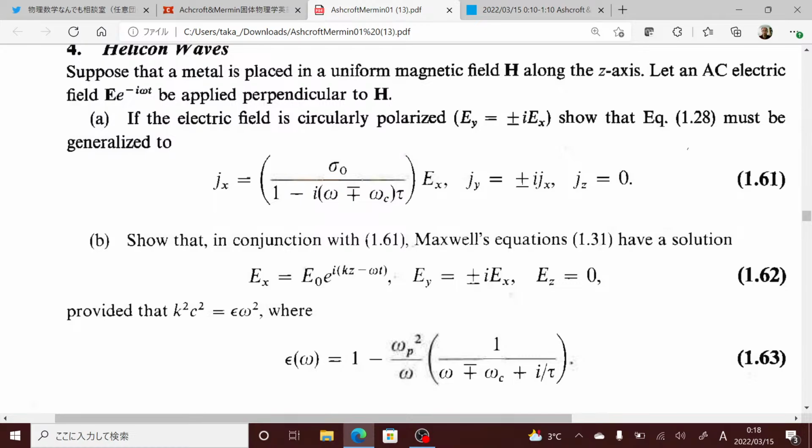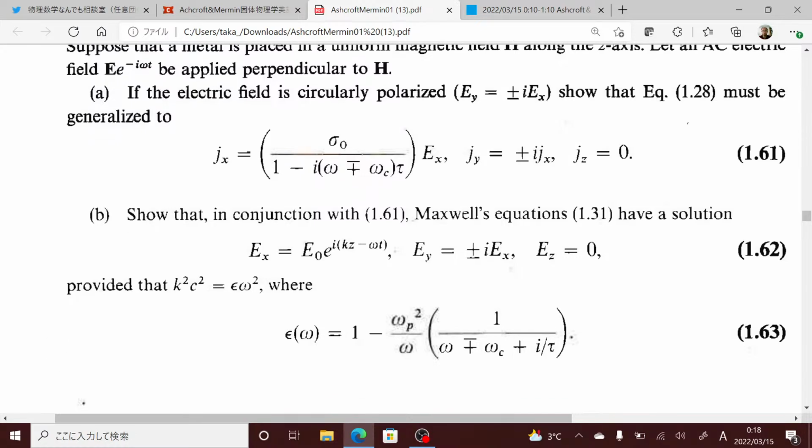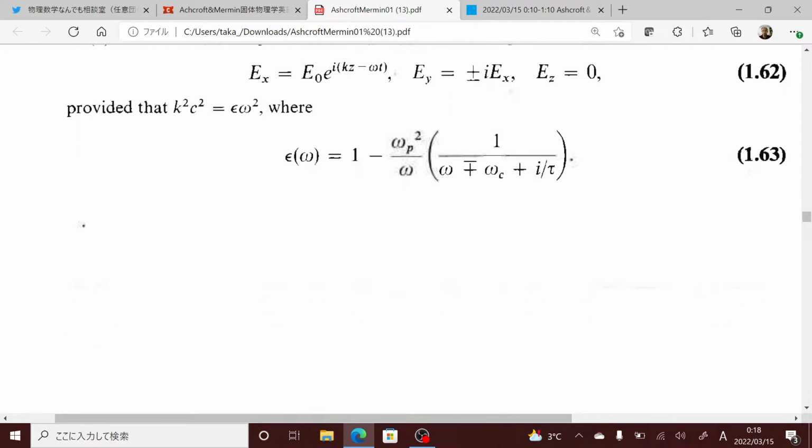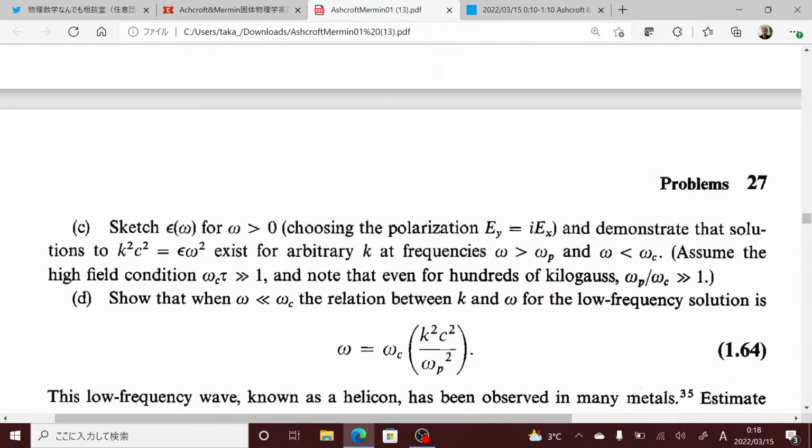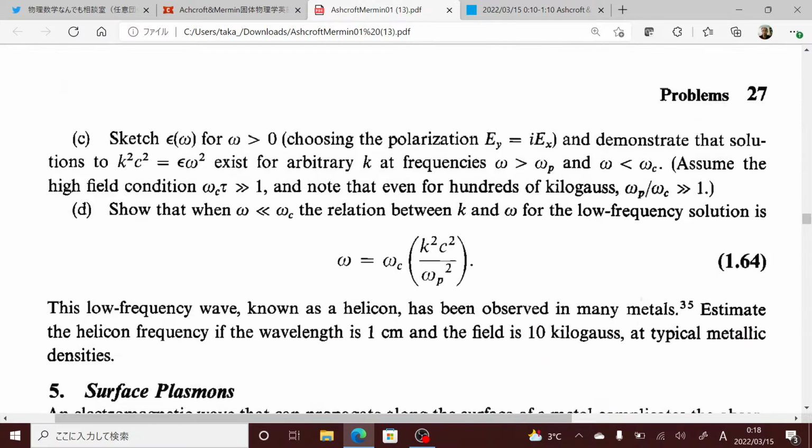Because the configuration they are talking about is not clear, like which way the wave is propagating, what the direction of the electric field is, what the direction of the magnetic field is.